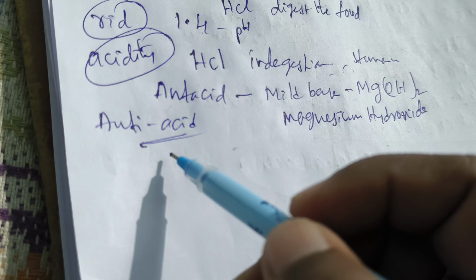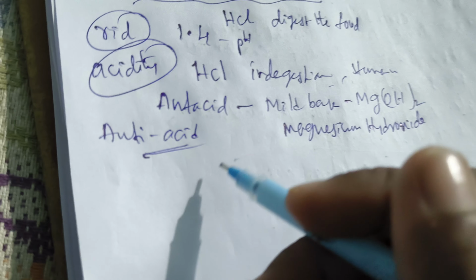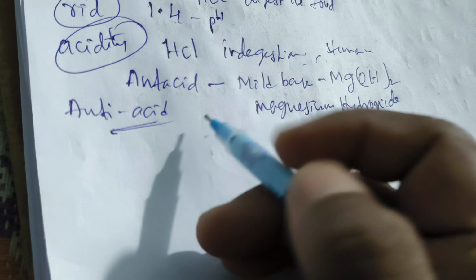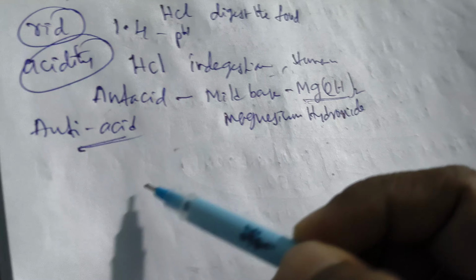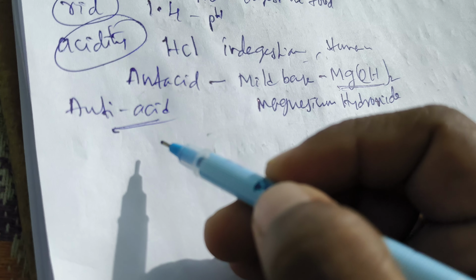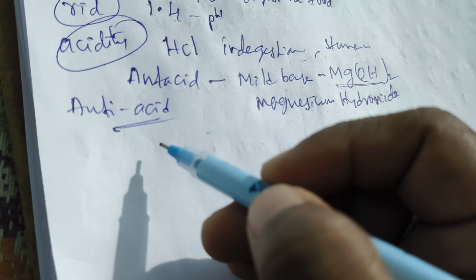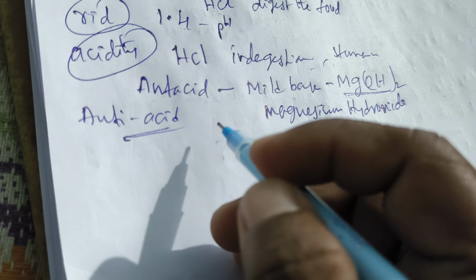We take some gastric tablets, right? That gas trouble tablet has a mild base, which is magnesium hydroxide. This magnesium hydroxide is basic in nature.